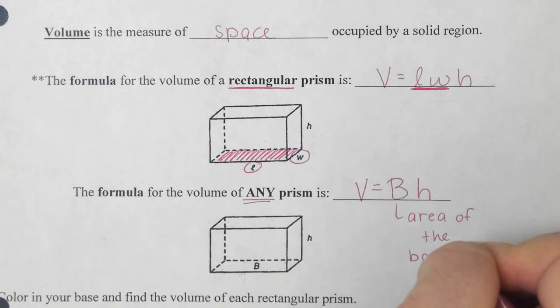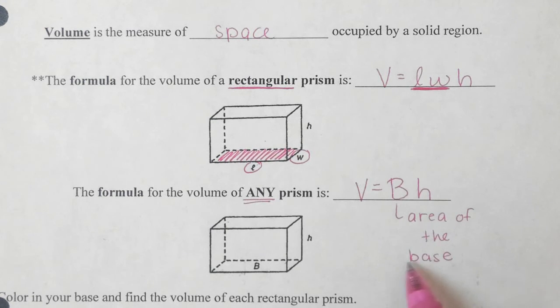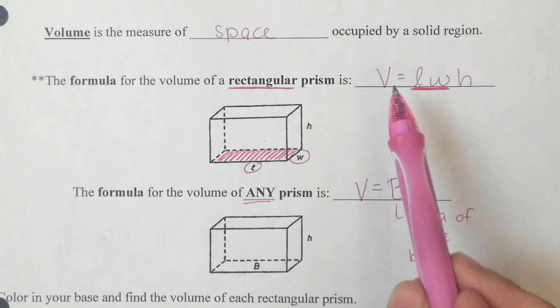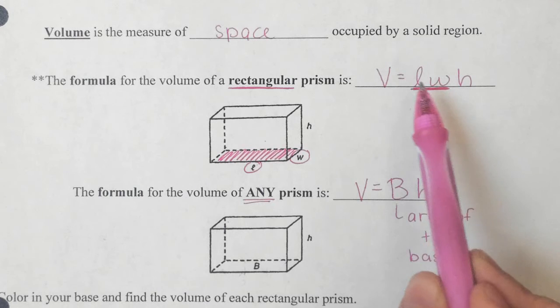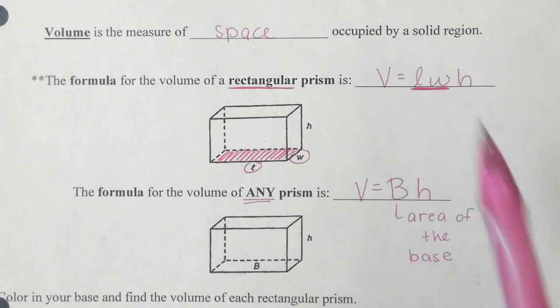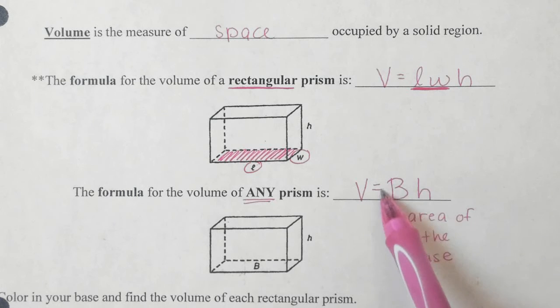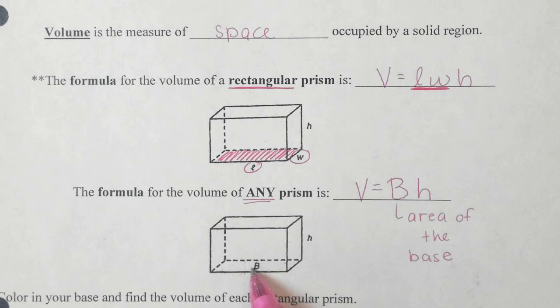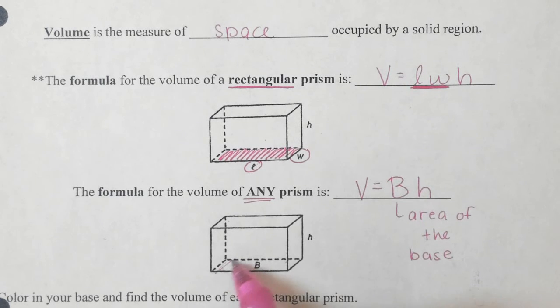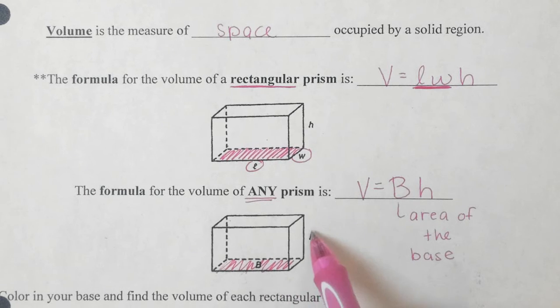For a rectangular prism, what shape is our base? A rectangle, which is why we see length times width in this formula that we use in the 6th grade. But do we understand that that length times width is because my base is a rectangle? So do y'all see here, another way we could see that is this area of that base, which is a rectangle, times the height of how tall that rectangle is.